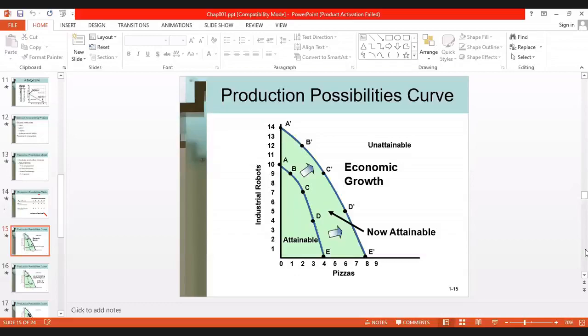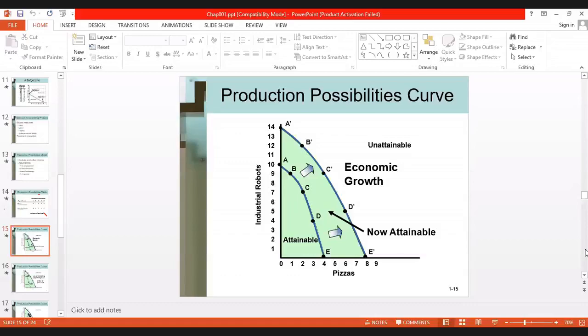So first, when you start pizza production, you use the resources suitable for pizza, so that will not much affect the robo production. Then if you produce more pizza, you still use the resources suitable for pizza. But if you want to produce even more pizza, you have to use resources that are more suitable for robo, but not so suitable for pizza.